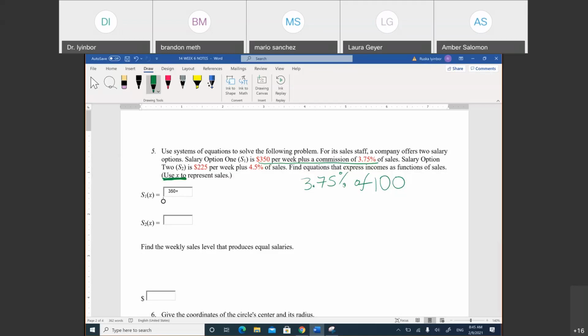Okay, but now, yeah, that's right. It's $3, yes. But when you multiply 3.75 times 100, you're gonna get what? 375, right? So if the commission is 375, I don't think so.